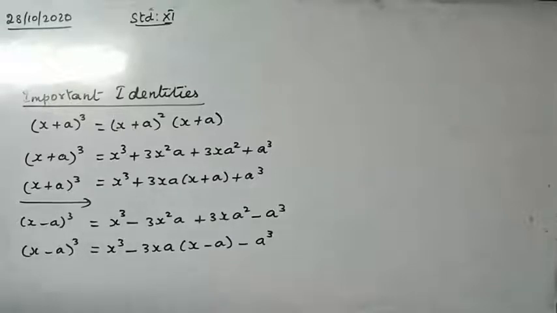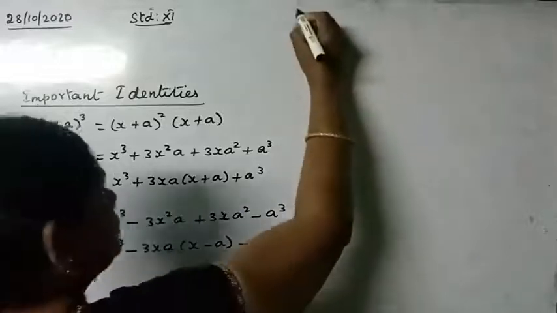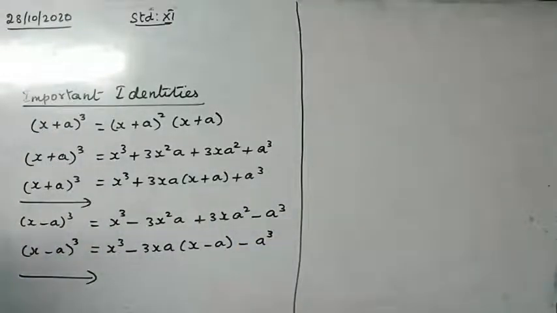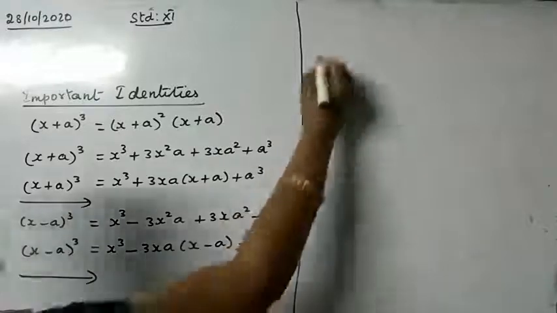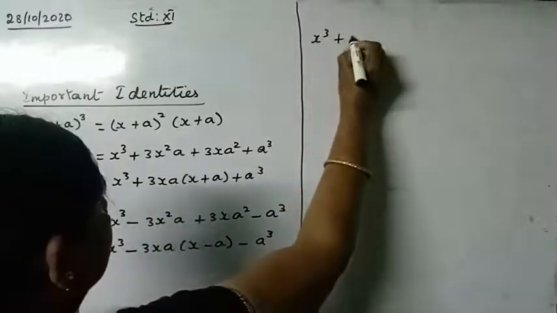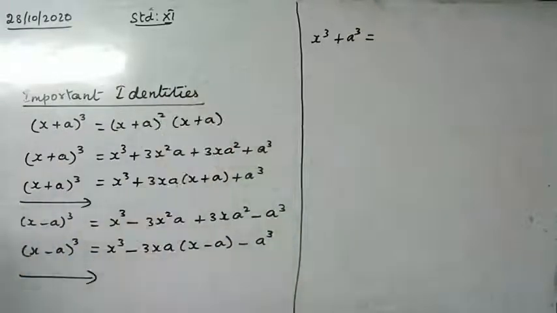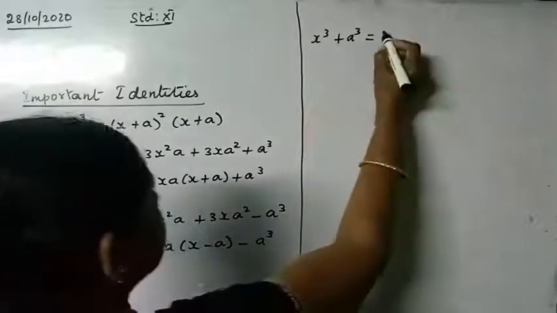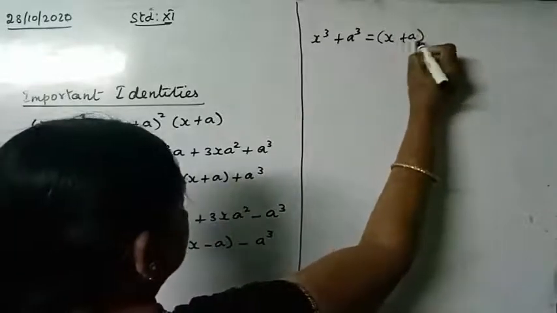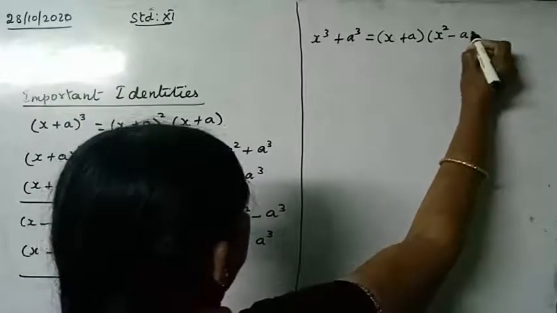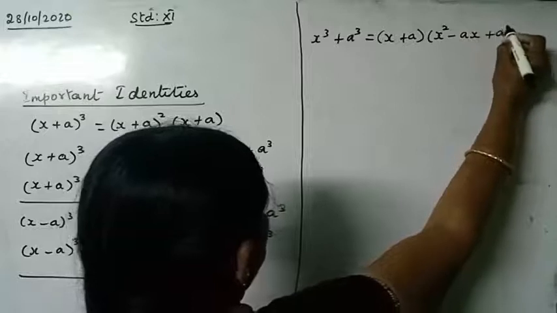And if it is x cube plus a cube, I think you revised this one in 10th standard. Once again it's a recall. So x cube plus a cube. It is not x plus a to the whole cube, it is x cube plus a cube. Which can simply be written as x plus a into x square minus ax plus a square.